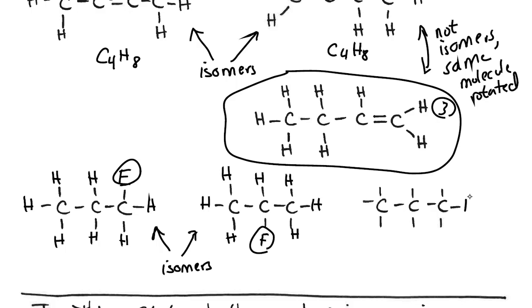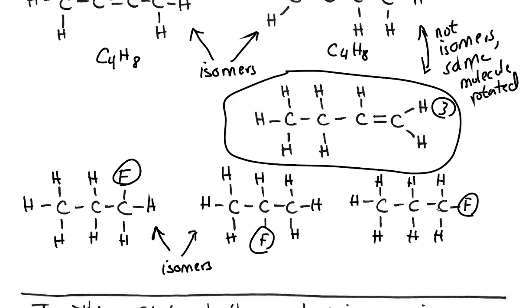All right, but then let's look at this third one. Let's put an F over here. The rest will be H's. Now how does that compare to these other two? Once again, you have to remember that the way we draw them on paper is not how the molecules are in space. Each carbon has a tetrahedral arrangement around itself. So these different bonds are actually at 109.5 degrees apart.